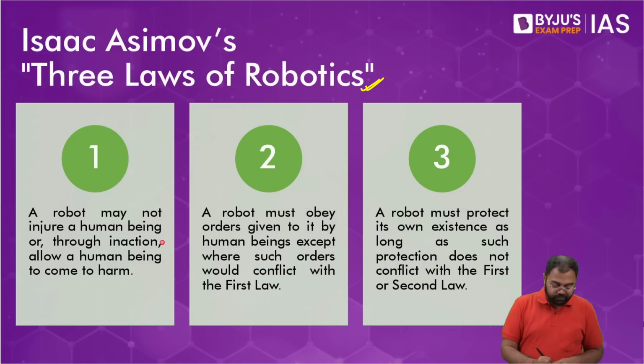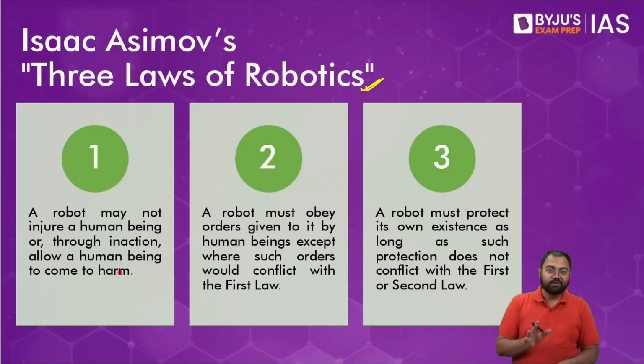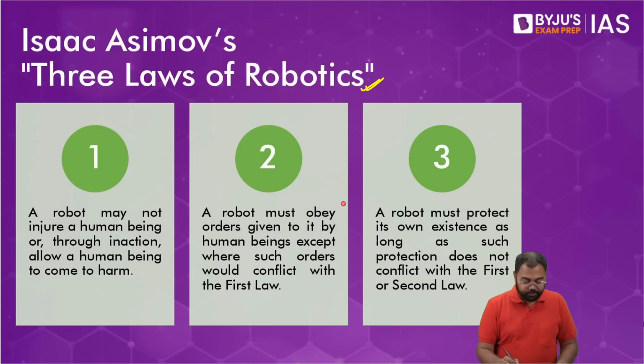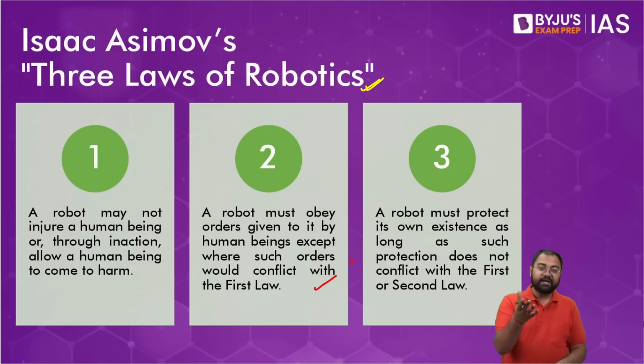For example, the first law: a robot may not injure a human being or, through inaction, allow a human being to come to harm. So neither do you go and attack a human, nor let anything happen to that human. That's the role of a robot. Similarly, a robot must obey orders given to it by human beings except when such orders would conflict with the first law. Meaning that if a human has given some instruction to the robot, it has to follow it.